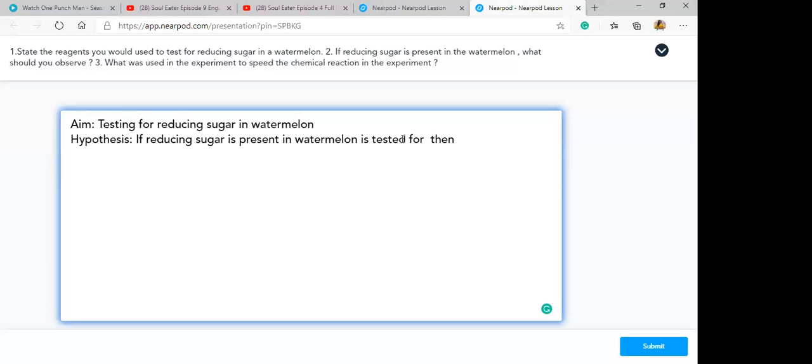Yes, sir. Then what? The then is suggesting what you would observe. You follow now?